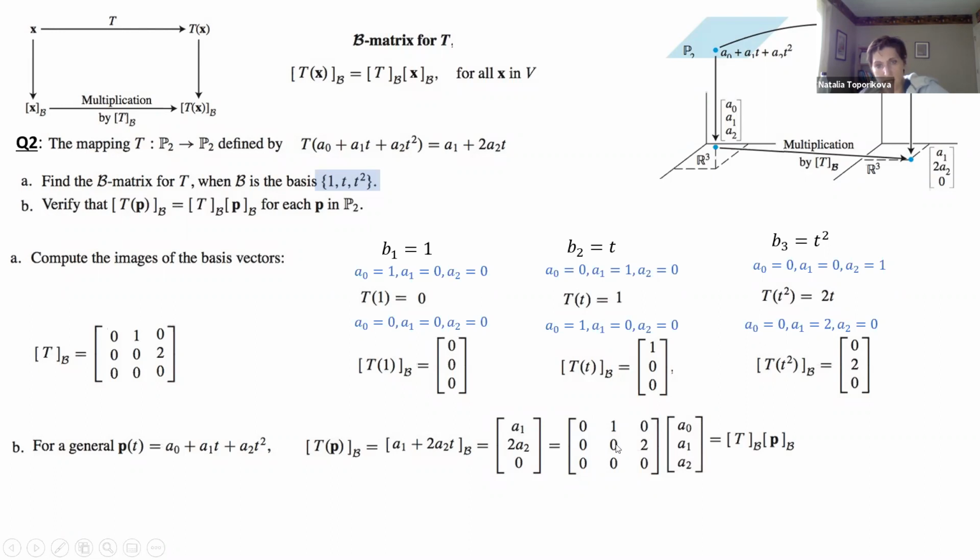Our second row by the vector will give us 2A2, exactly as we expected. And finally, our third row by the vector, because the third row is equal to 0, should give us a 0. Indeed, we started with our image in the B coordinates, and we end up with the same result as the product of our matrix in B components and our vector in B components. So this method seems to be working.